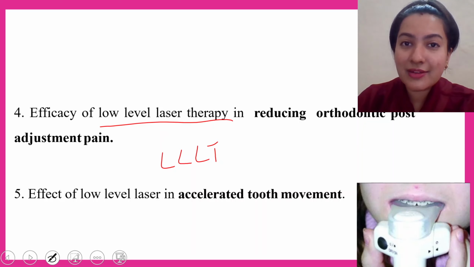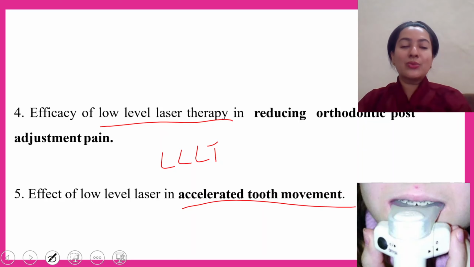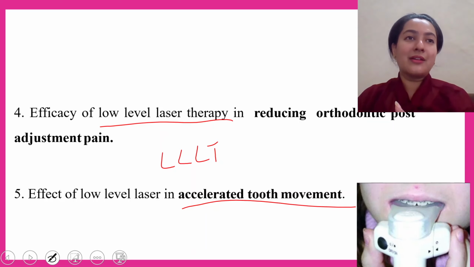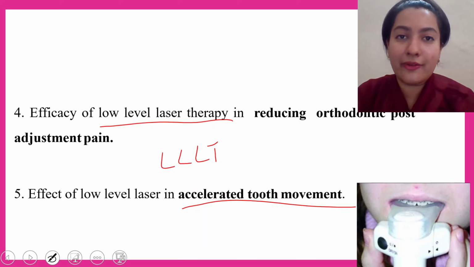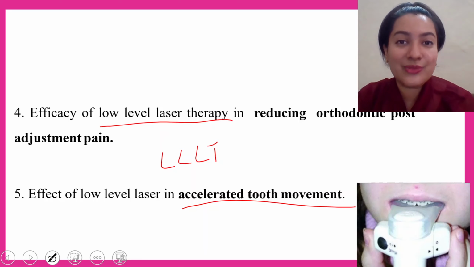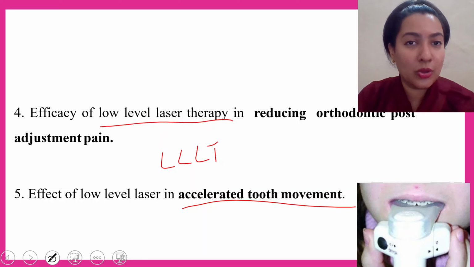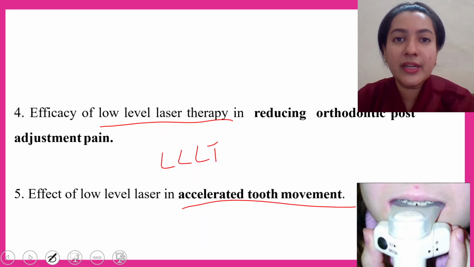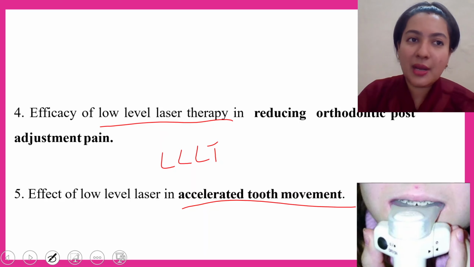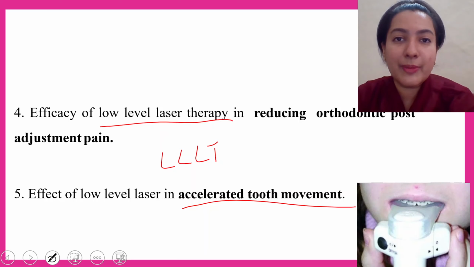Next effect of laser in orthodontics is in accelerated tooth movement. See students, I'm sure you people know that orthodontic treatment lasts for 1.5 to 2 years, and sometimes the patient is not comfortable wearing braces for so long, right? So there is always this concept known as Wilcodontics or accelerated tooth movement, where different procedures like osteotomies and corticotomies are used to reduce the treatment duration.